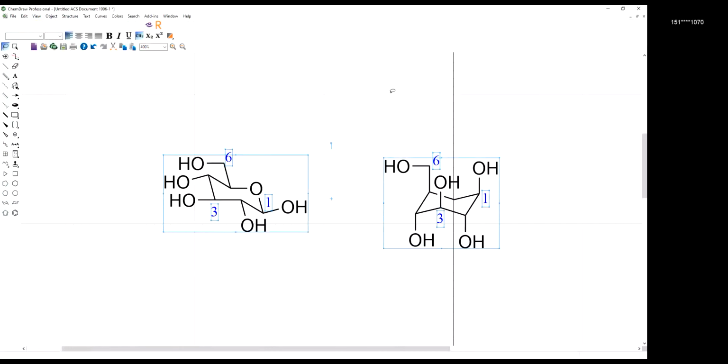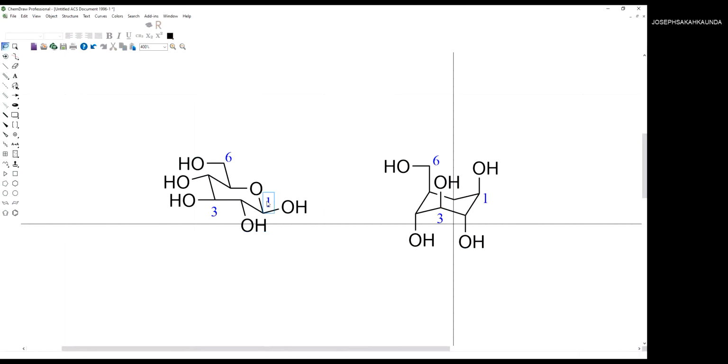Yeah. Now, what you have before you are glucose units, two forms of the chair conformation of glucose units. This one here, to begin with, if you don't know about the numbering, this is glucose 1.